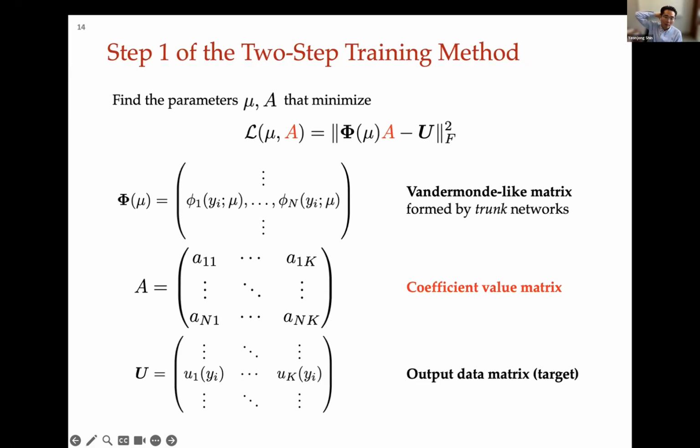But my perspective is that they are trying to mimic a similar procedure, but find a more data-driven spectral basis, I would say, in that way.